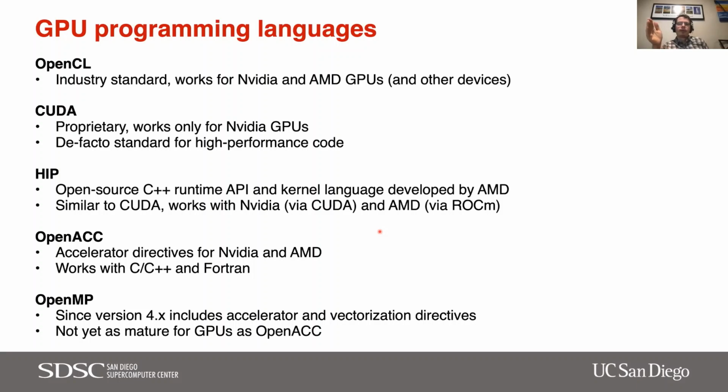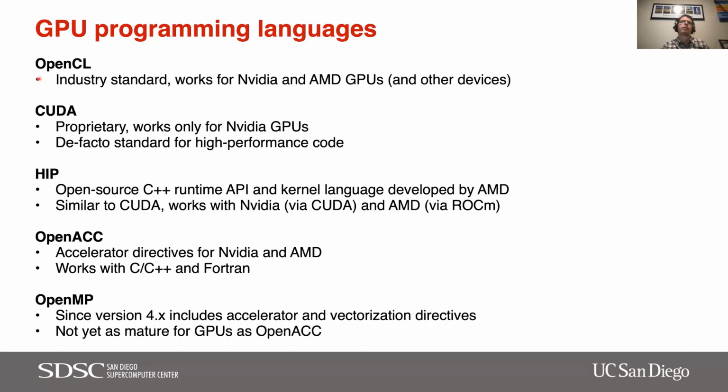If you program GPUs directly, there are different programming languages. That assumes you have a compiled programming language, or you could also have interpreted languages, Python for instance. We will focus now on C++ and Fortran.